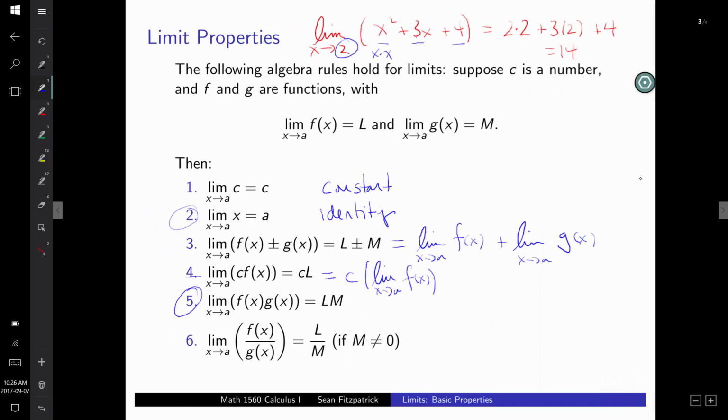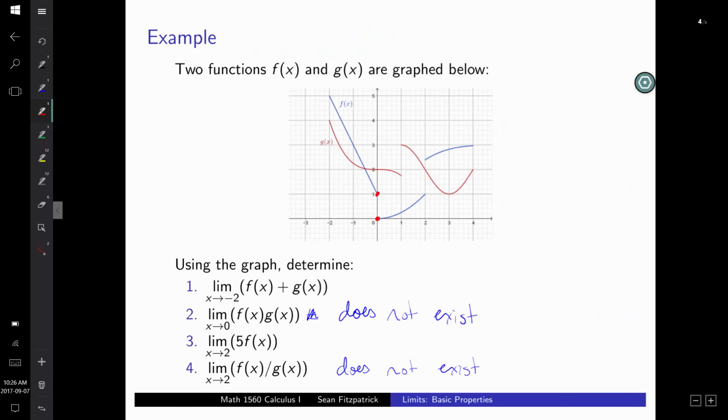Notice that in these limit properties, one of the basic assumptions you're working with is that these limits exist. They give you numbers, right? If you don't have those limits, you don't have any of these properties. So you can't really do much with that. The third one I can take care of. The third one is fine because I can say, well, that's 5 times the, oh wait, you know what? I can't. Let me fix it.